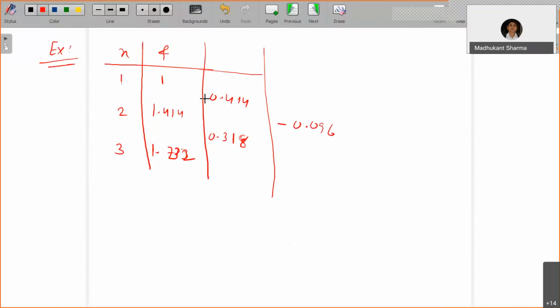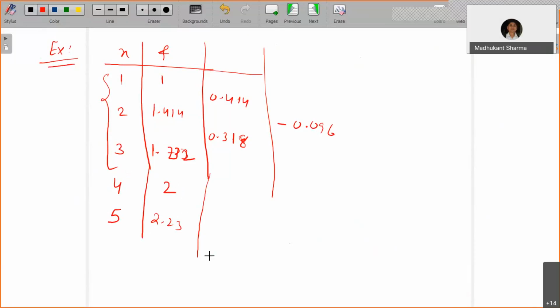Now, here you have only 3 points, and you don't know the function, so you have to go with the single polynomial. So you can increase one more value here, 4, and let's say 5. So square root of 4 is 2, and square root of 5 is 2.23.